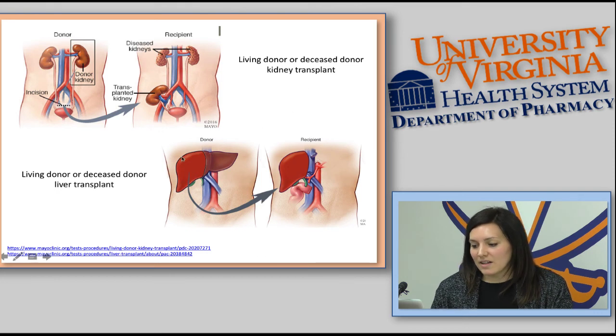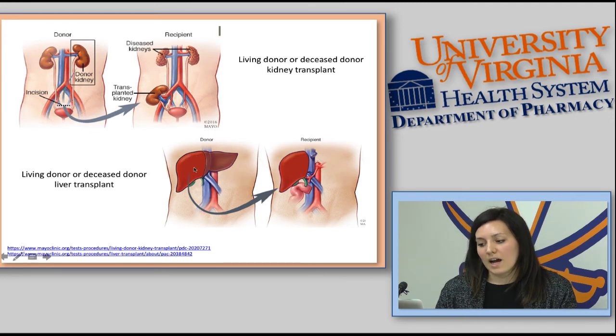This is done for both living donor, which is what's shown here, so this would be your donor giving the kidney to the recipient, or for living liver or deceased liver donation as well. So in this case, this would be a living donor where half of the liver is removed from the donor and it's placed in the recipient.